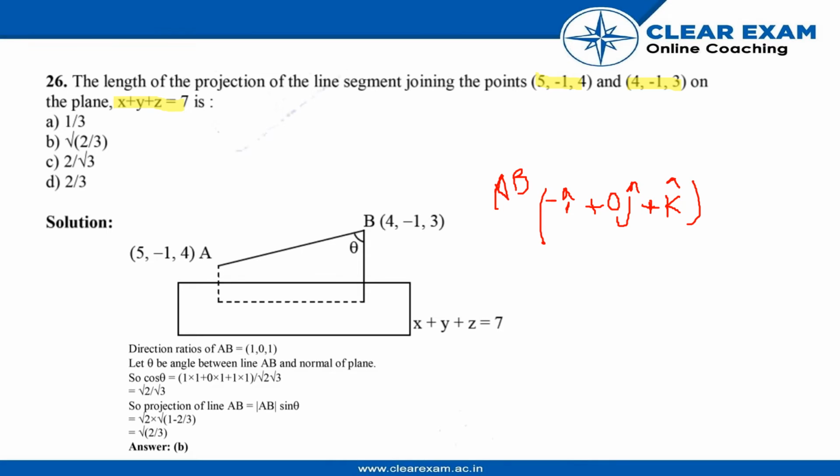So the length of AB would be equal to the determinant of this, that would be equal to root 2. Now given the equation x plus y plus z equal to 7, that is the equation of the plane, from this we can identify the normal vector, right?